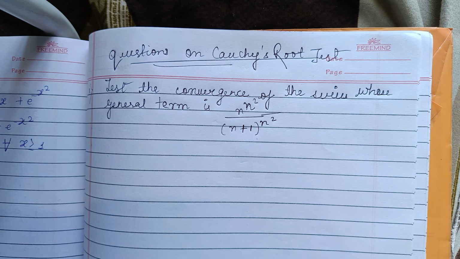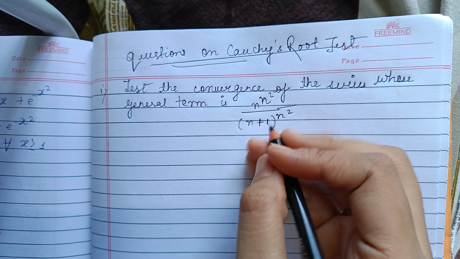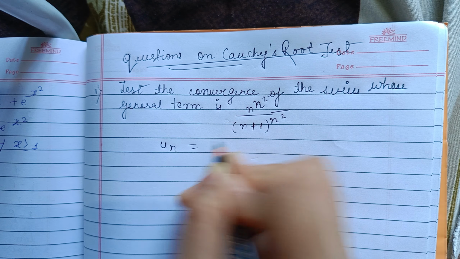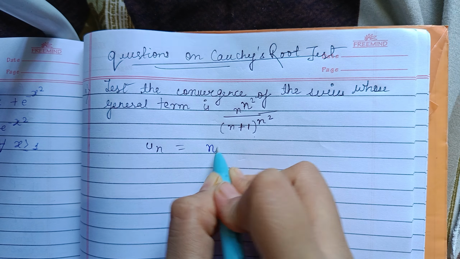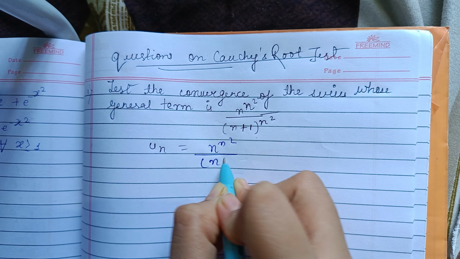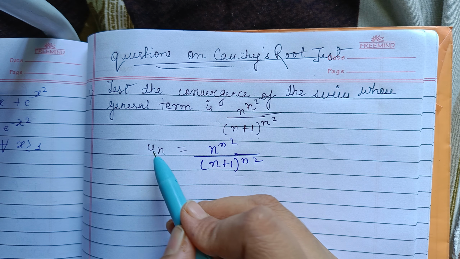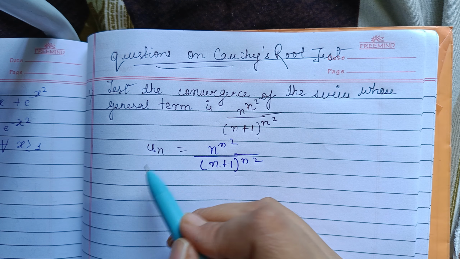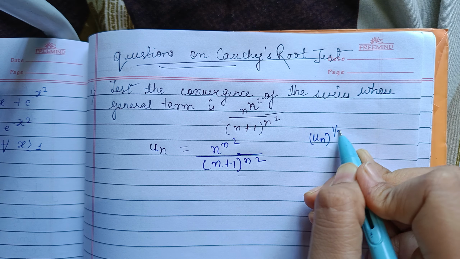So what is the first approach? The first approach is to simplify this. The un term is actually n to the power n square upon n plus 1 to the power n square. So on the RHS side I am writing it as un. But what do I want? I want un to the power 1 upon n.